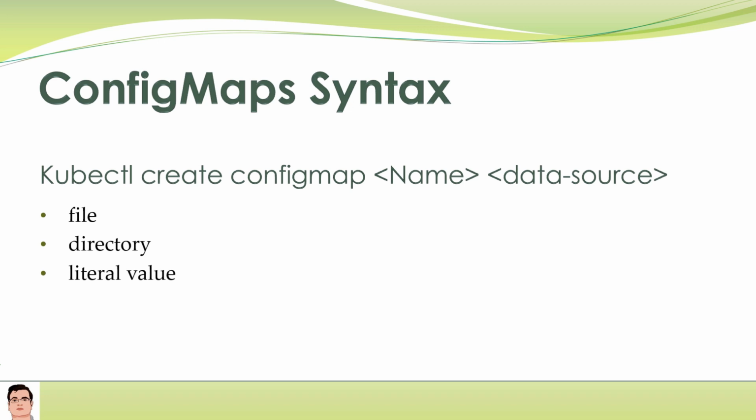So you can define it through a literal value if you have very few properties that you need to define. Or if you have several properties, like more than 100, just write them in a file and use it as a config map. Whenever you want to change it, you just need to change the config map file, and the same changes will reflect for the particular pods if they are linked to or utilizing that particular config map.